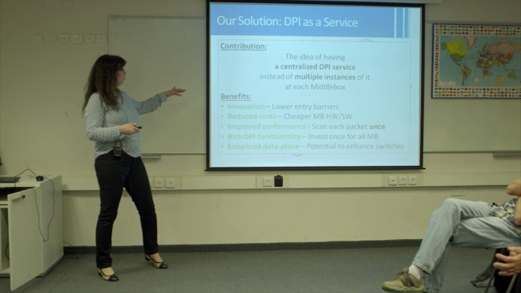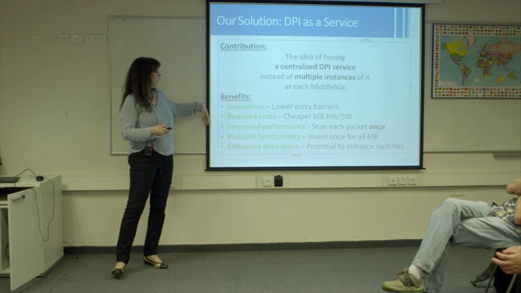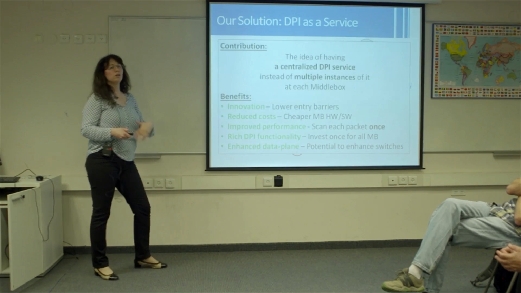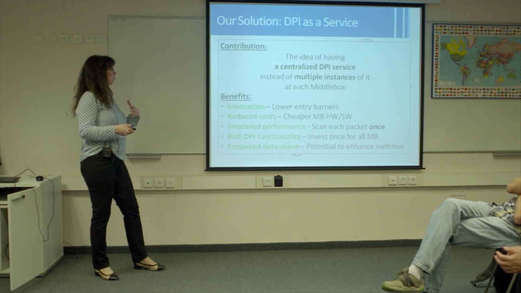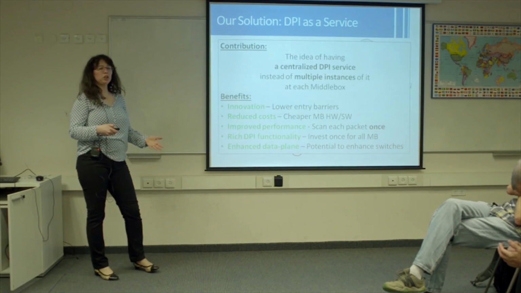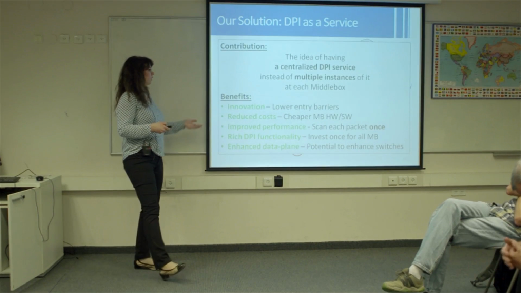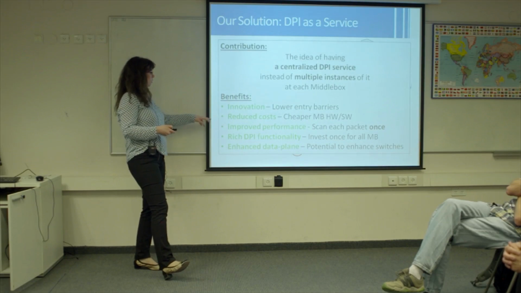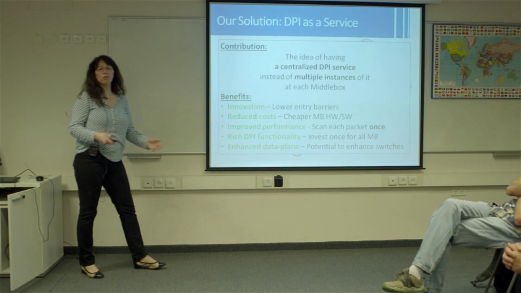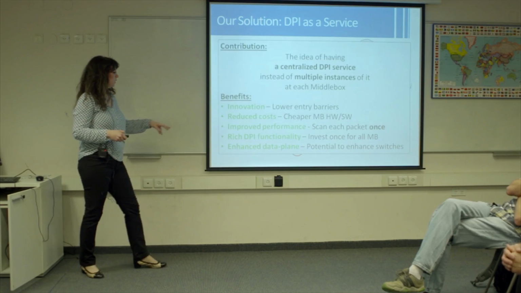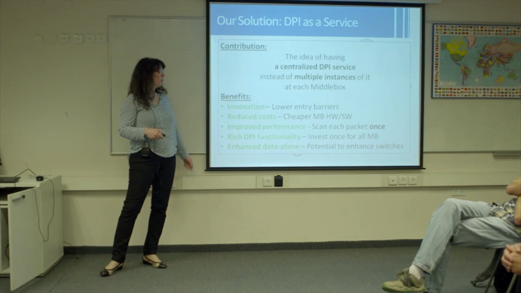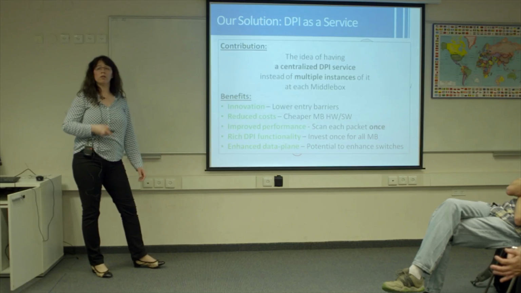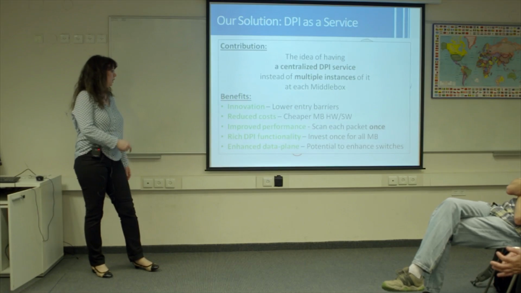So what is the benefit? The benefit is that now DPI is a service. It means that we increase innovation because you have lower entry barriers, since you don't need to implement deep packet inspection. You have reduced cost. You improve performance because you scan each packet once and not again and again in every middle box.